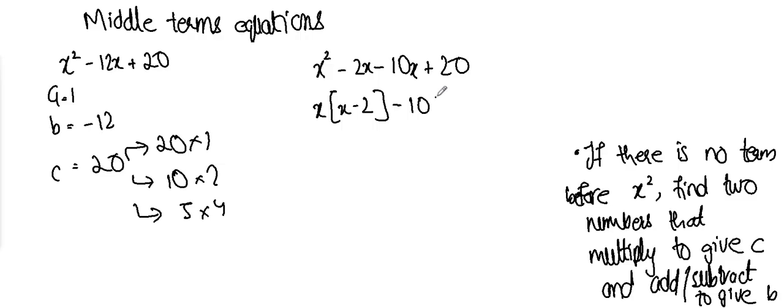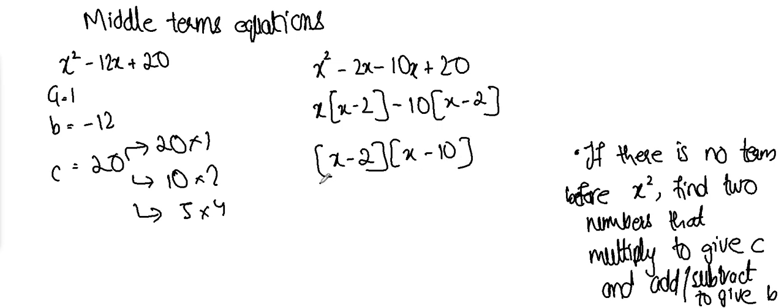Minus 10 will be taken as common. X minus 2. Well done, because plus and minus gives you a minus. So we have two brackets, x minus 2 and x minus 10. Okay? Great. So we have factorized these equations.